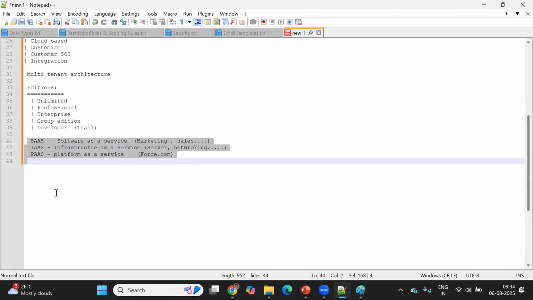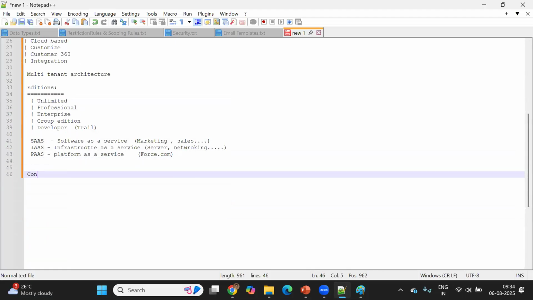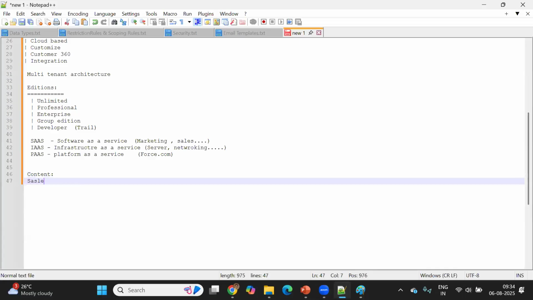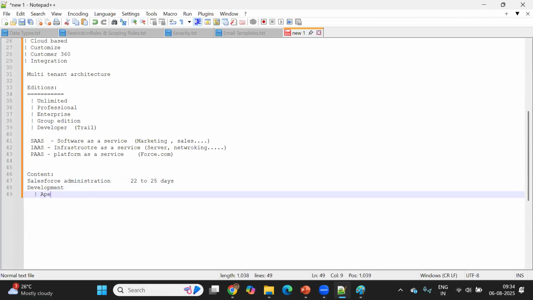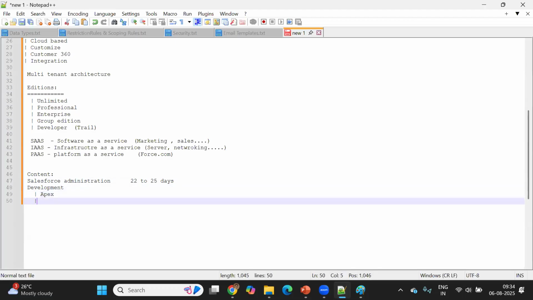Now let's have the content here. Whatever course we are going to deal with, coming to the content, first of all, Salesforce administration. This will take 22 to 25 days. And then in the development part, we are going to cover Apex and Lightning.